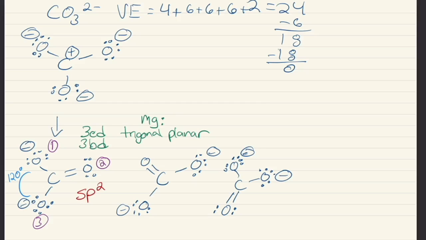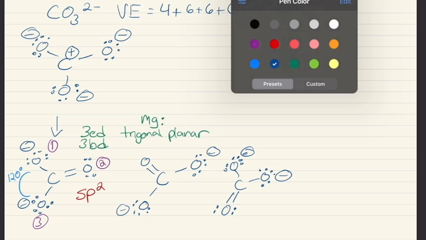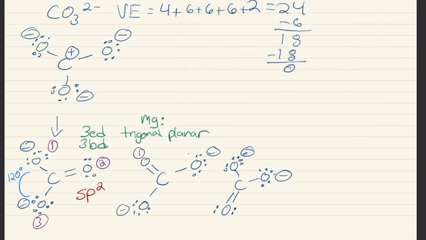All still sp2 hybridized, all still with the same bond angles, but in different positions, right? In different positions. Double bond in position 1, double bond in position 2, double bond in position 3. Okay, so these are 3 resonance forms.